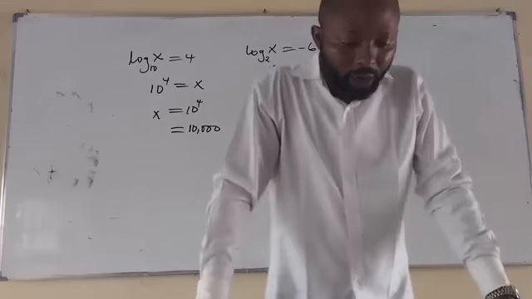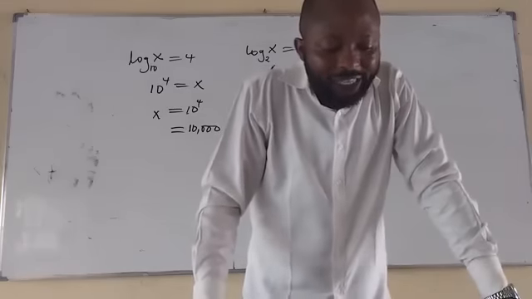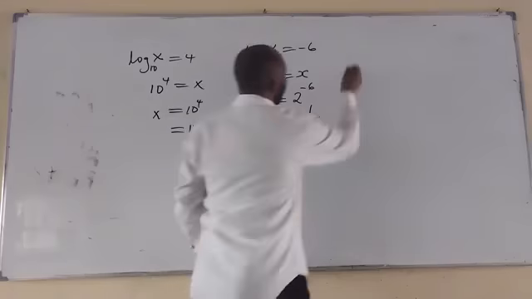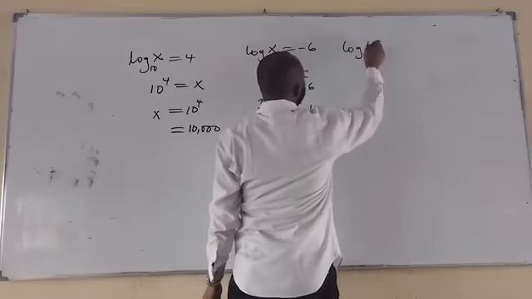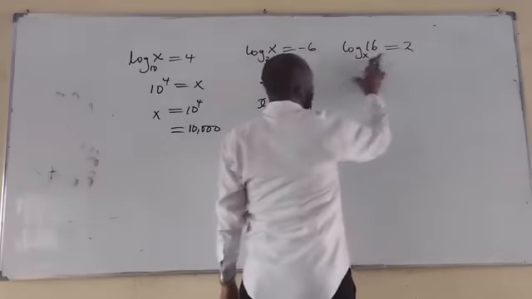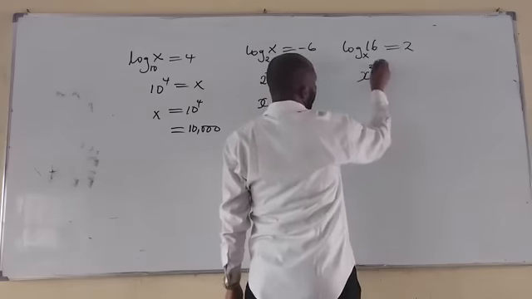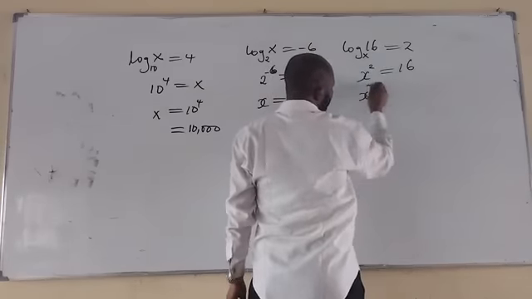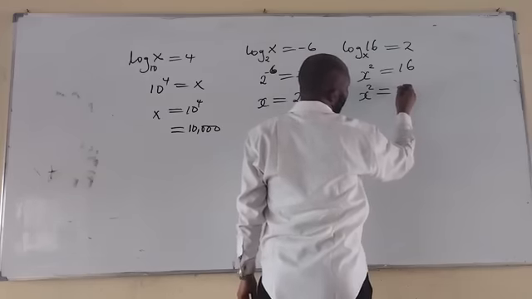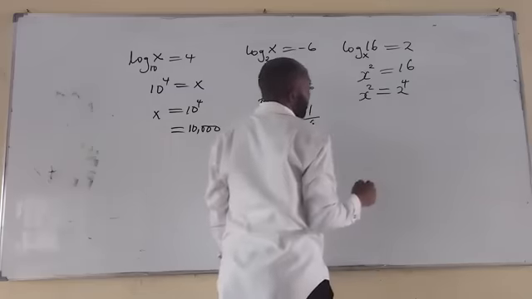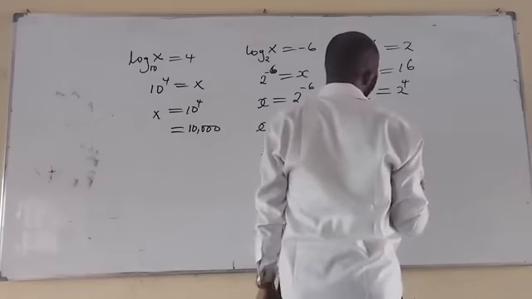Let's take another one. Log 16 in base x is equal to 2. So this is x raised to the power 2 is equal to 16. 16 is the same thing as 2 raised to the power 4.